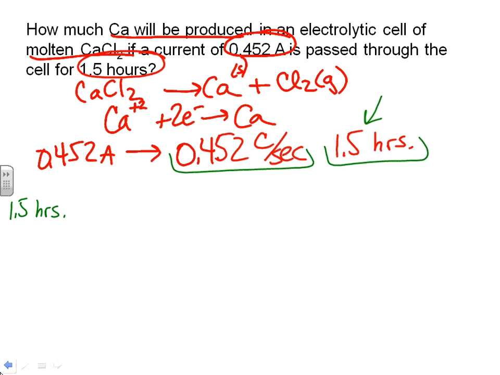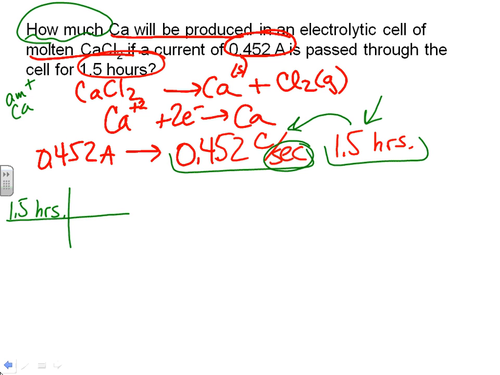Now, looking at what it's asking, how much? So we're looking for amount of calcium. That's our end game. But we're going to start with the hours. The first thing we want to do is turn this hours into coulombs, because we've got seconds right there. But hours and seconds are not the same unit. So we're going to start by converting the hours into seconds.